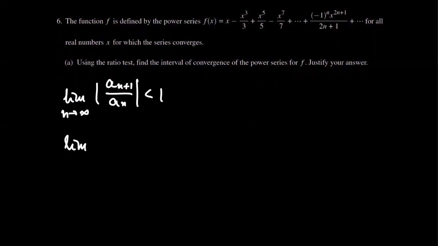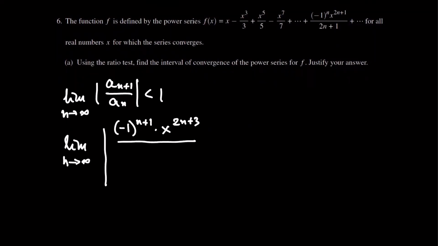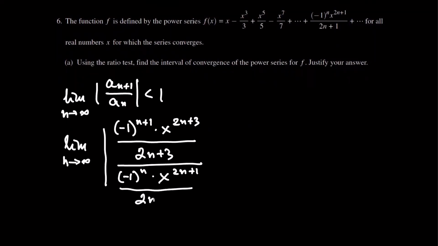Limit as n goes to infinity, plugging in the values for a n plus 1, we get negative 1 to the power n plus 1 times x to the power 2n plus 3 over 2n plus 3, divided by the a n term, negative 1 to the power n times x to the power 2n plus 1 over 2n plus 1.